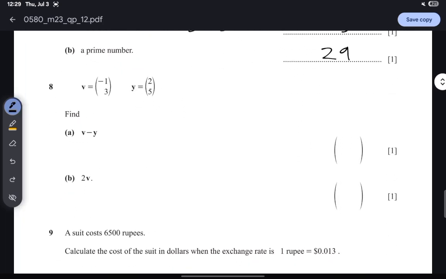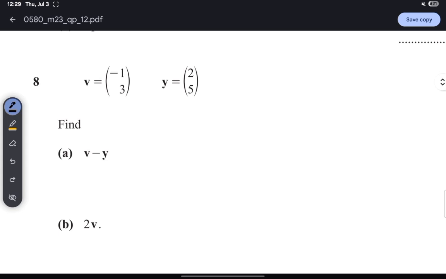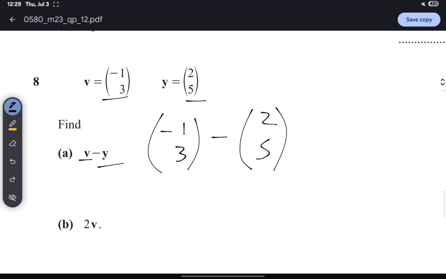We have a bit of vectors there. Then we have v, which is minus 1, 3, and y, which is 2, 5. Then find part A, v minus y. For the v, we're writing this. For y, we're writing this. So it's minus 1 and 3, subtracting 2 and 5. So the top part subtracts the other top part. The bottom part subtracts the corresponding bottom part.